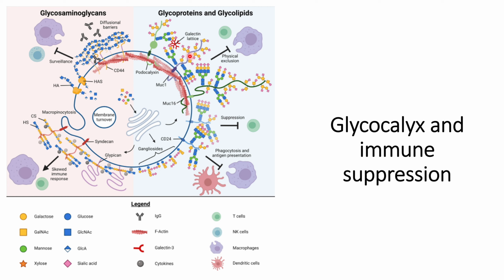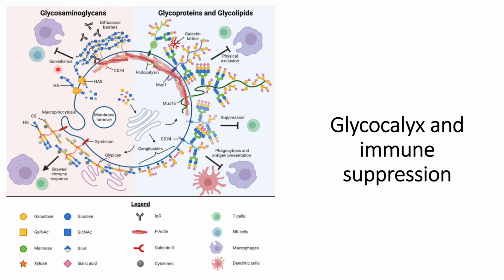The other thing it can do is prevent antibodies from diffusing through this glycocalyx layer and entering the cells, and thereby this kind of immune surveillance will also get disrupted. Both of them work in a similar way, suppressing the immune response against the tumor cells.